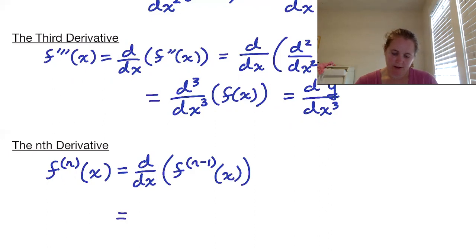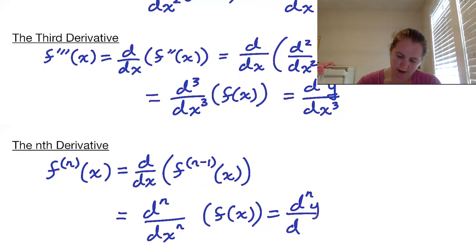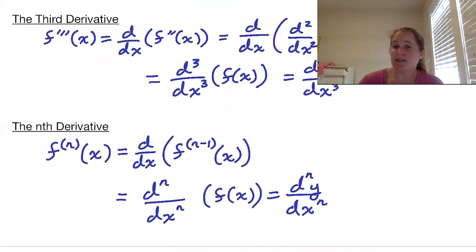And so we could also do d to the n over dx to the n of f of x, or d to the n y dx to the n. So often we don't say the over, we would just say d dx. We don't say d over dx, it's just d dx.